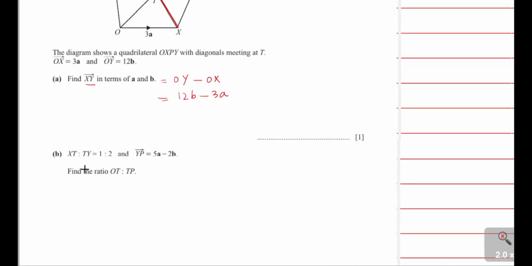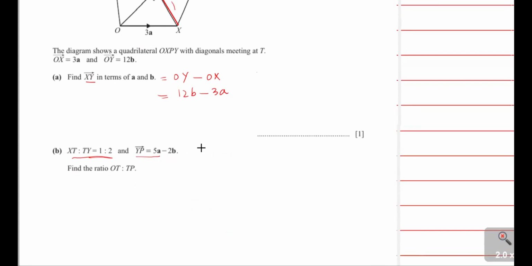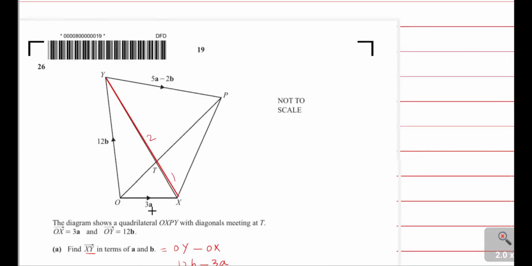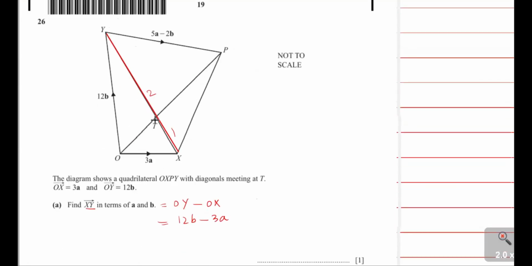Next, part b. XT ratio TY equal to 1 ratio 2, YP equal to 5a minus 2b, and find the ratio OT ratio TP. And we have to calculate the ratio OT to TP. Firstly, we will calculate OT.